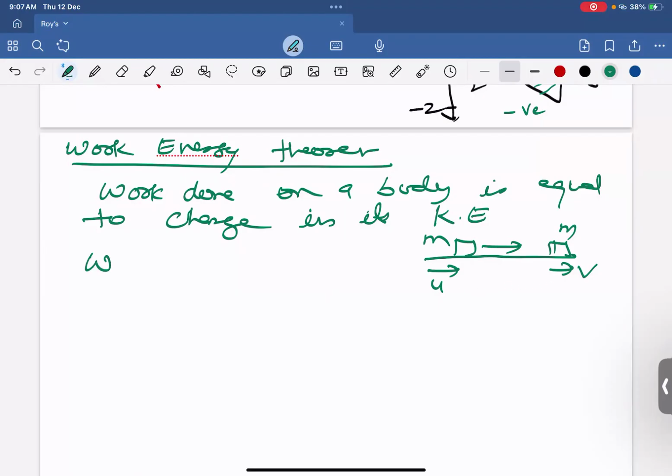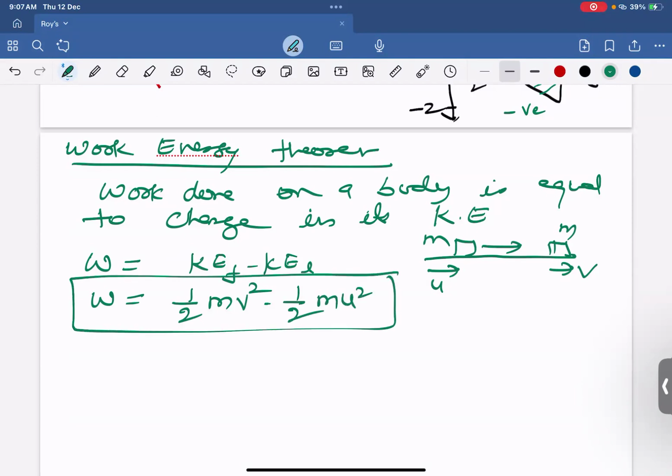You can find the work done just by using kinetic energy final minus kinetic energy initial, and that is half mv square minus half mu square. By that also we can find the work done.